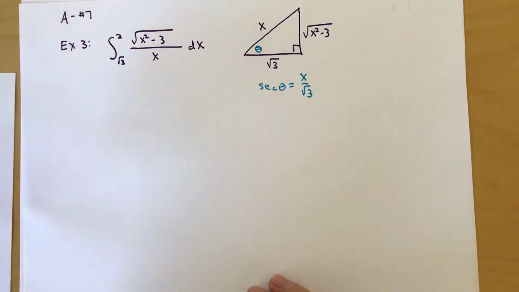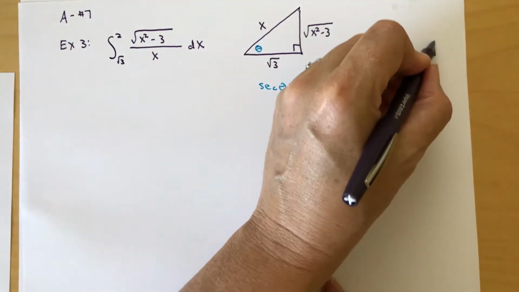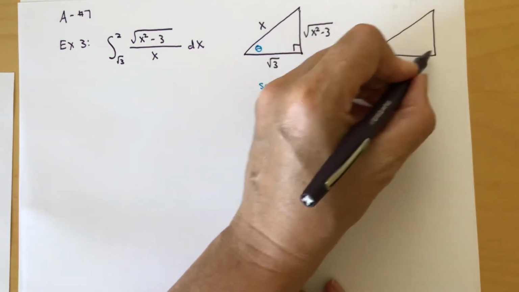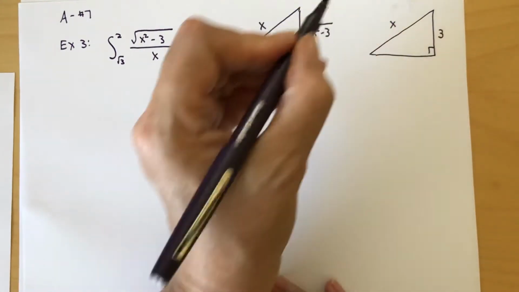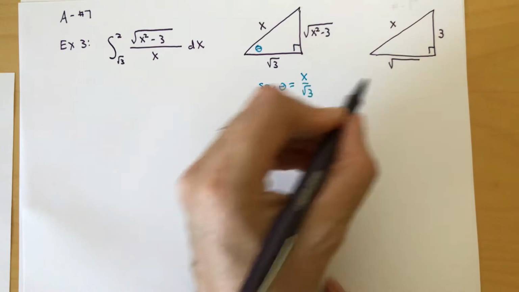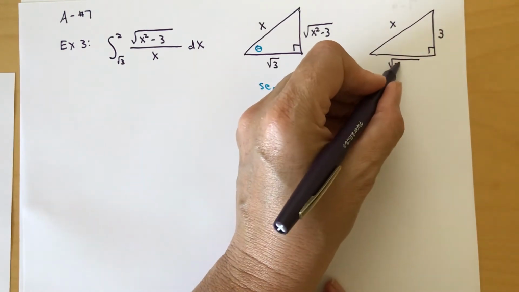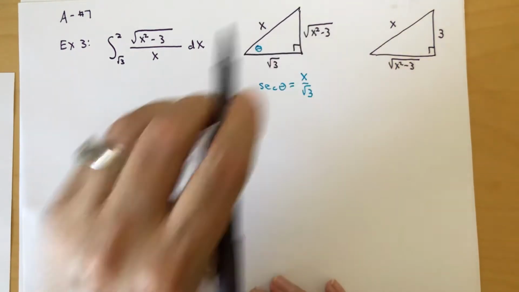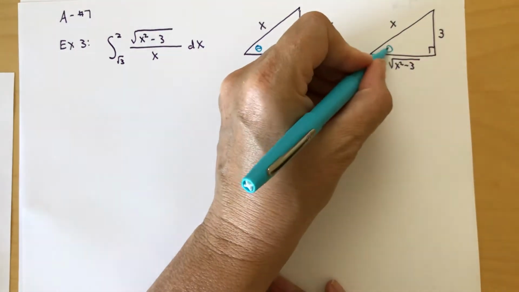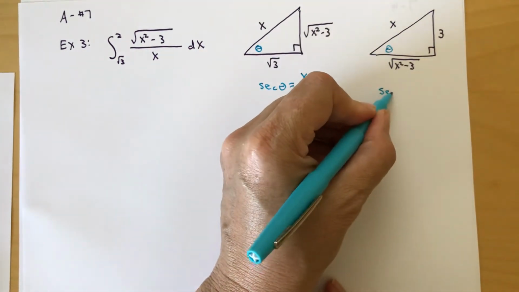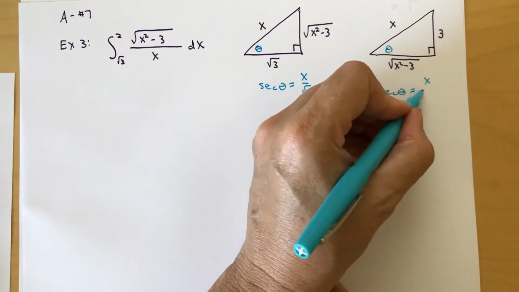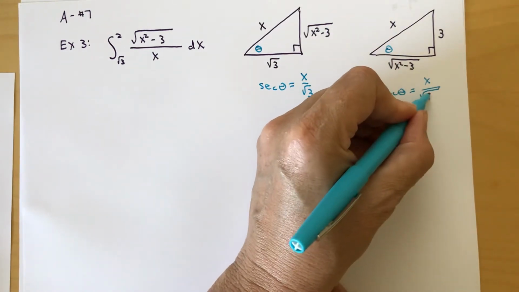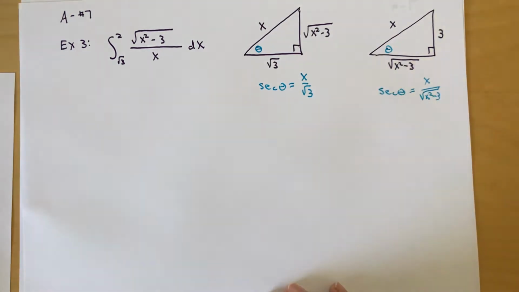And if you had switched this around, the x has to be here, but there's no good reason geometrically why it couldn't be written this way. But then if you used secant, you would get x over this, and you wouldn't want to take the derivative of this function, as you'd need the quotient rule and the chain rule.